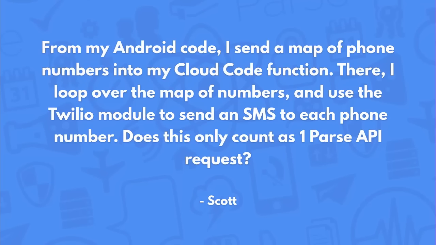From my Android code, I send a map of phone numbers into my Cloud Code function. From there, I loop over the map of numbers and use the Twilio module to send an SMS to each phone number. Does this count as one API request only? Yes. So that's only one. You're calling the function once with an array, that uses up an API request.